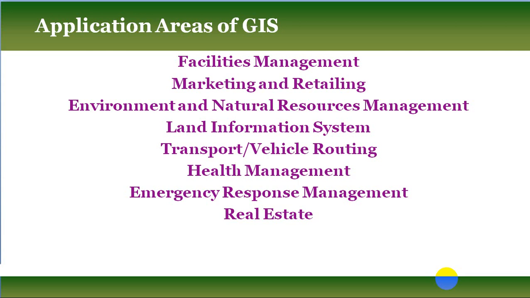Real estate monitoring purpose: a real estate property dealer can use GIS to handle their property business effectively, smoothly and intelligently. And not only that, even as a home buyer, you can also use GIS to find your suitable dream home.